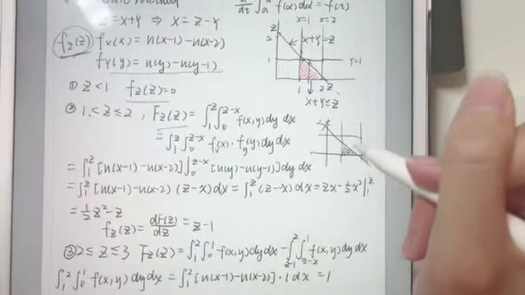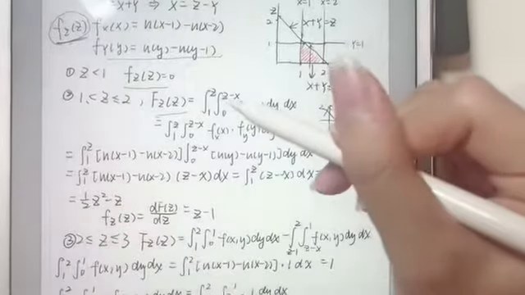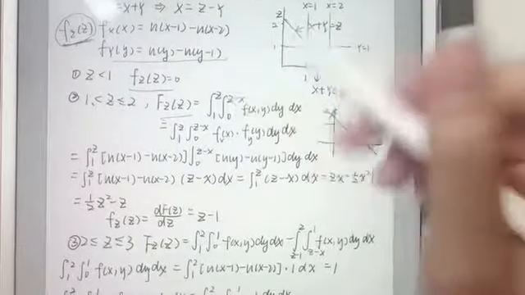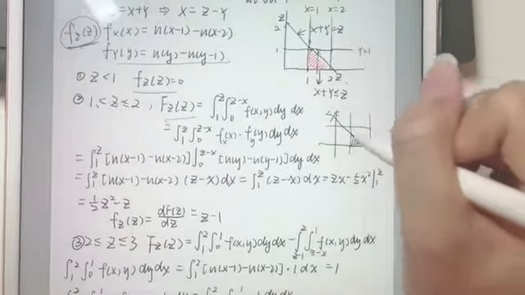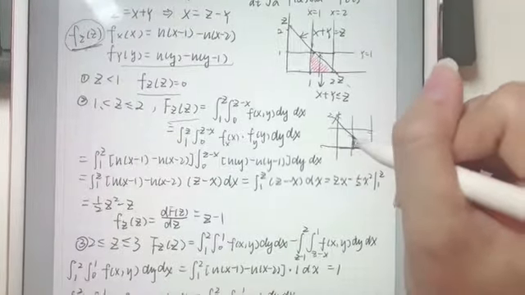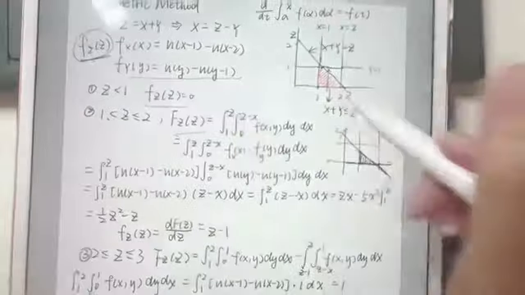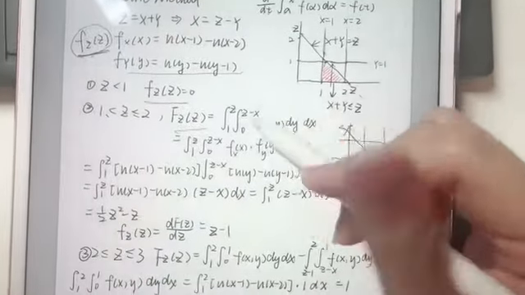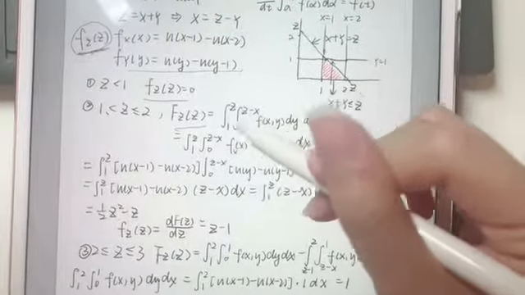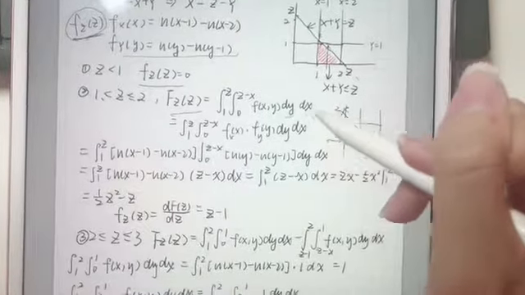From this situation, y is between 0 and z minus x. This line is y equals z minus x, and this is y equals 0, and x is between 1 and z. So we get the integral from 1 to z and from 0 to z minus x of fxy dy dx.